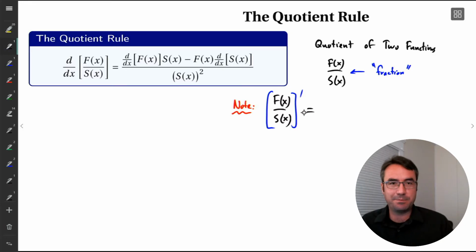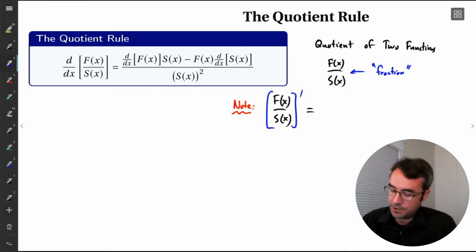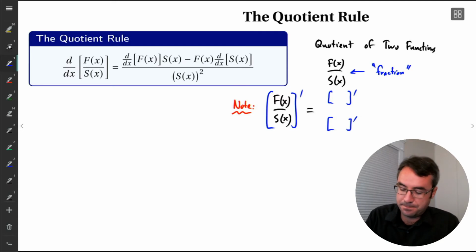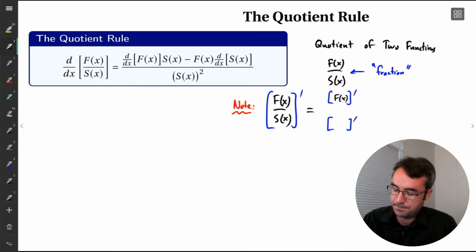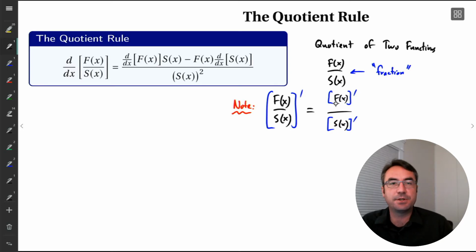So normally what we'd probably think, and it's seemingly very plausible, if we wanted to differentiate this fraction, what would you do? Well, you just differentiate the term on the top, and you differentiate the term on the bottom, and that would be it. So you just differentiate the top function, differentiate the bottom function, and that's it.